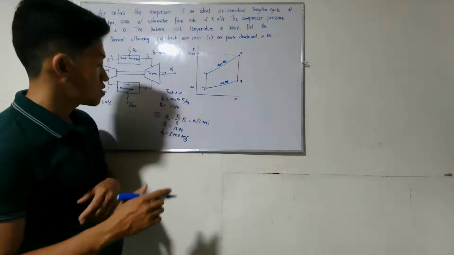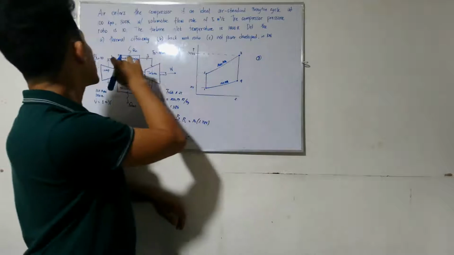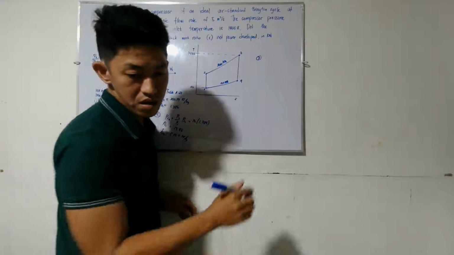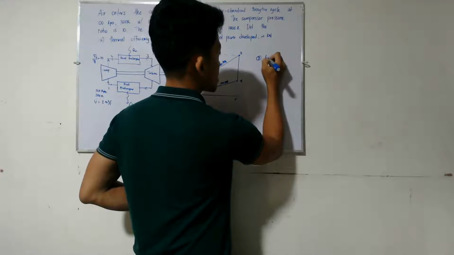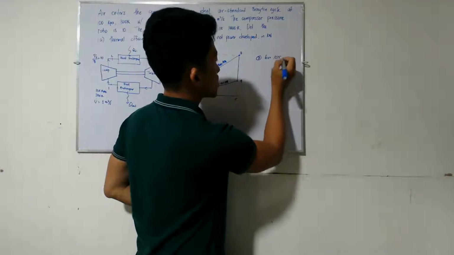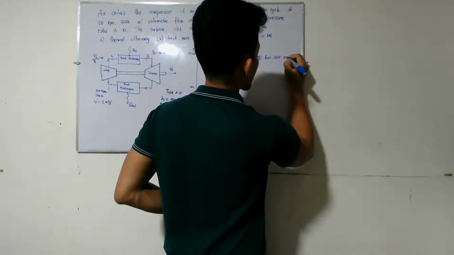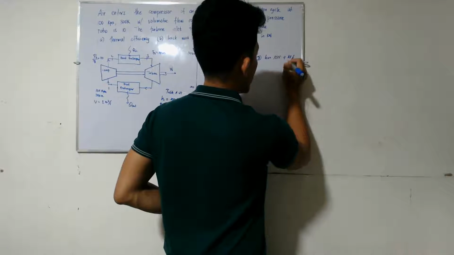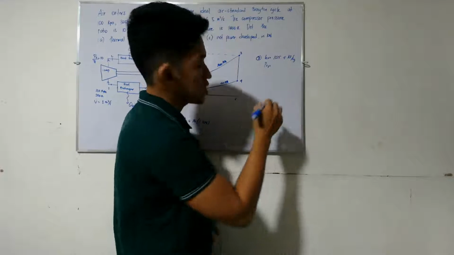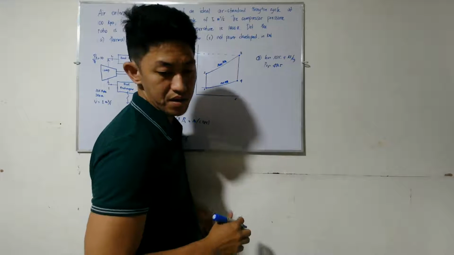Okay. So we'll proceed at state 3. For state 3, you're given the temperature of 1400. Therefore, H3 is just 1515.4. And the pseudo-reduced pressure is 450.5.